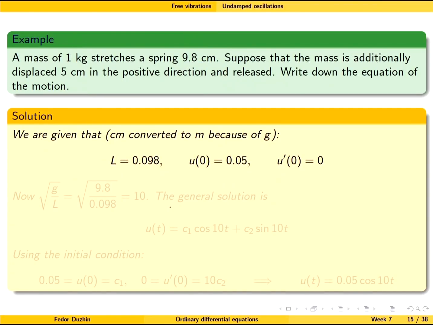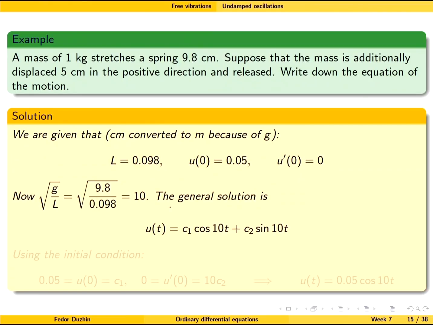All right, so let me go through this. A good idea is to convert everything from the start to the same units, because otherwise it will be a mess and you will get confused. So now we are going to convert everything to meters, because g is measured in meters per second squared. So this is all the data that we have in meters rather than in centimeters.